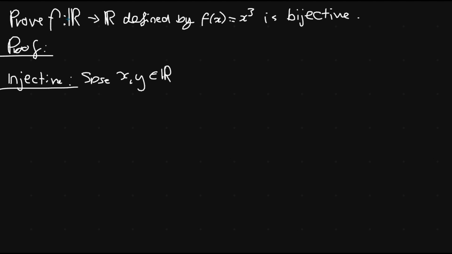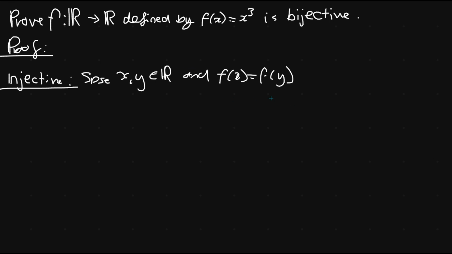So we need there to be an x and y in the domain, and f of x equals f of y. So if f of x equals f of y, where x and y are in the domain, we need x to be equal to y.